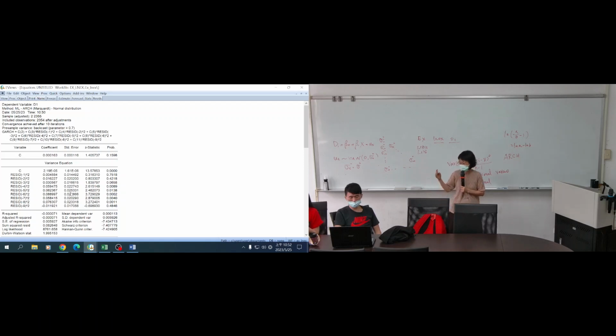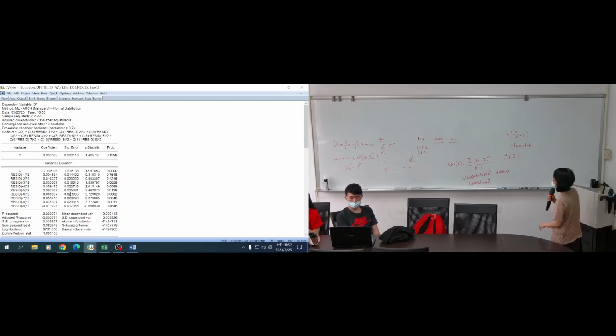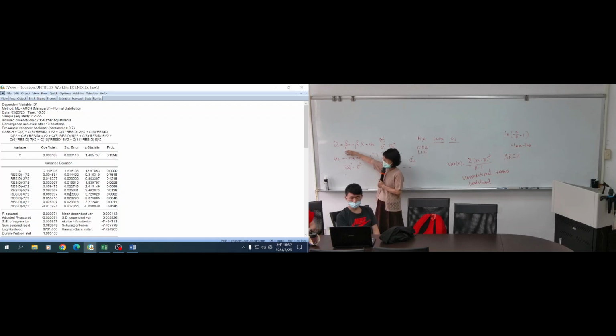Actually OLS is not quite right because it cannot estimate the variance equation. OLS just estimates the mean regression, which is this part only.